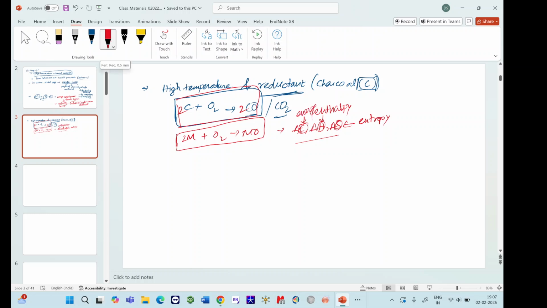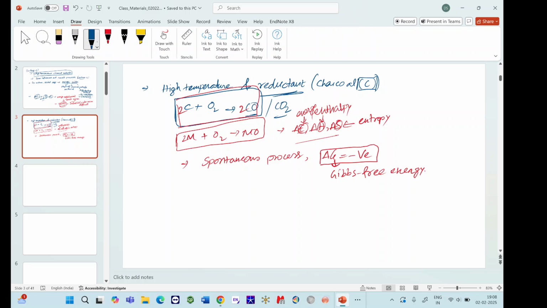As you all know, for a spontaneous process, delta G value must always be negative. What is delta G? G is called Gibbs free energy, as we all know.